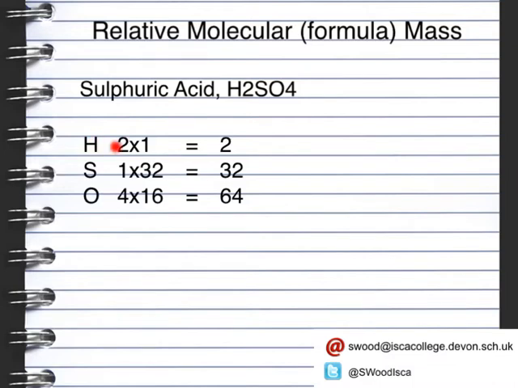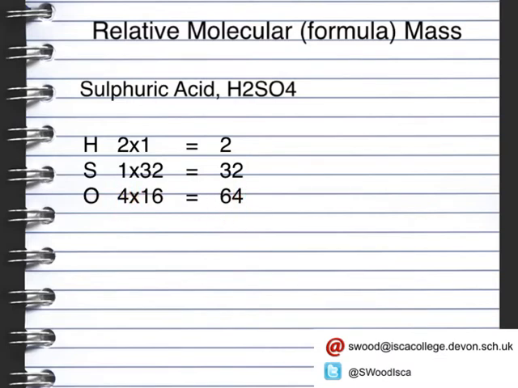So we've got 2 hydrogens, which has a mass of 1, which even without a calculator we can work out as 2. We've got the 1 sulfur, which has a mass of 32, which equals 32. And then oxygen, which has a mass of 16, and we've got 4 of them, will equal 64.